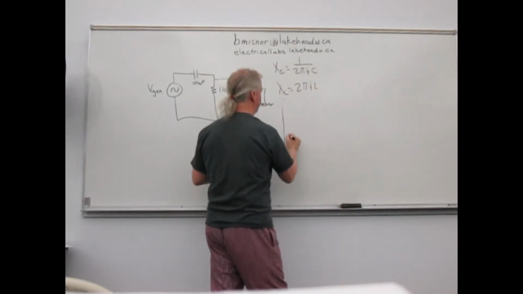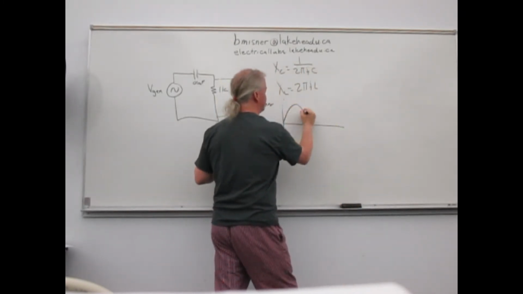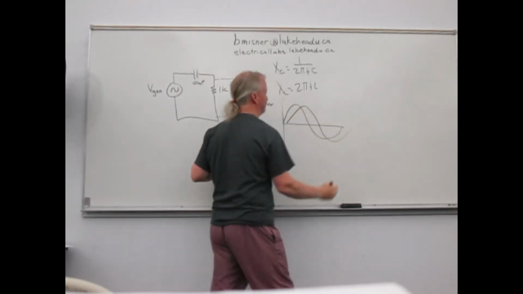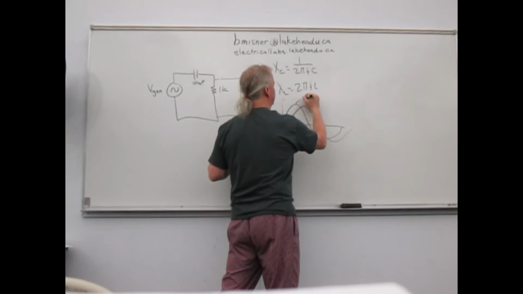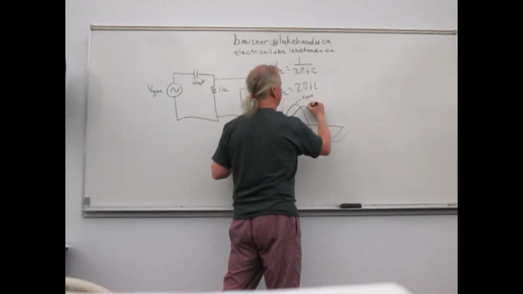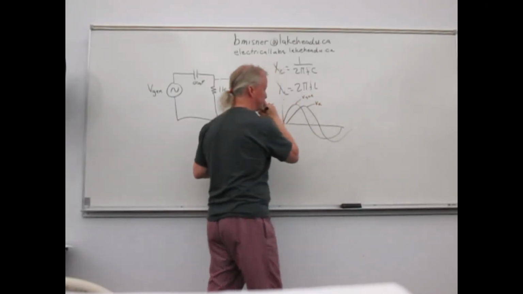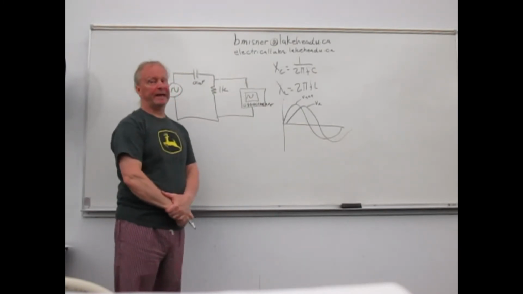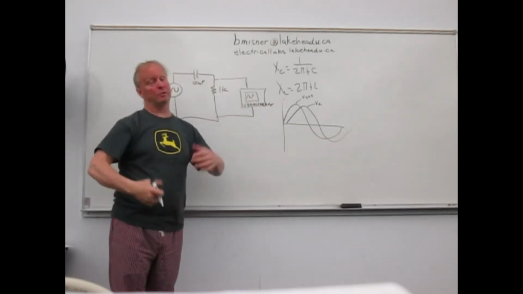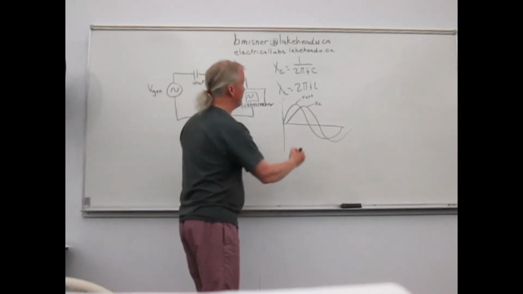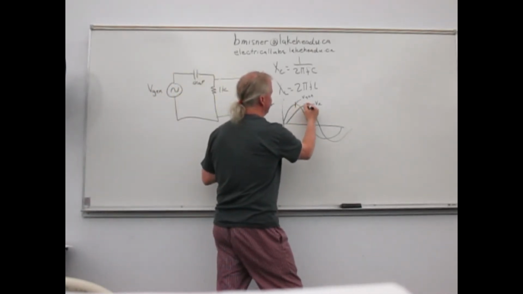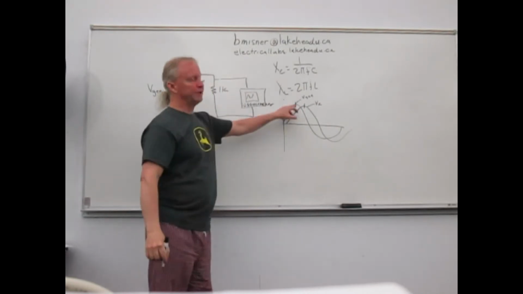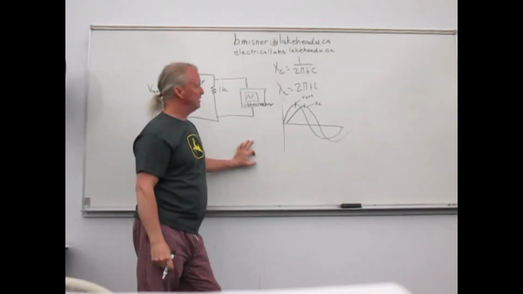Right? So if this is our generator voltage, so this is V gen, this is VR. Okay, so the way that I would measure this is I measure the time in between the two peaks of the waveform, right?